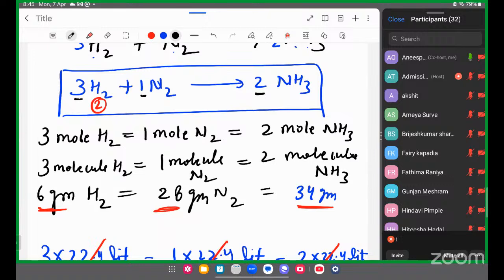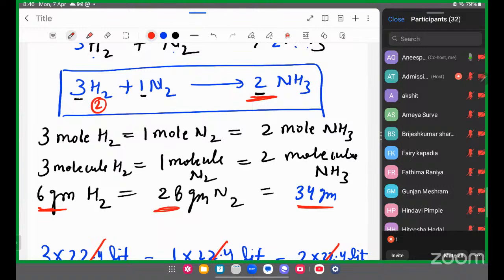And if the question is how many moles of ammonia will be formed from 2 mole nitrogen? Again from stoichiometry, 1 mole nitrogen gives 2 mole ammonia. So 2 moles of nitrogen will give how many moles of ammonia? 1 mole is giving 2 mole. So 2 mole give how much?